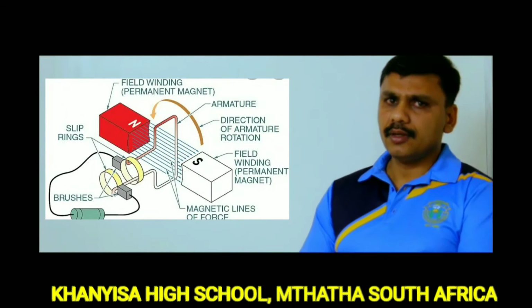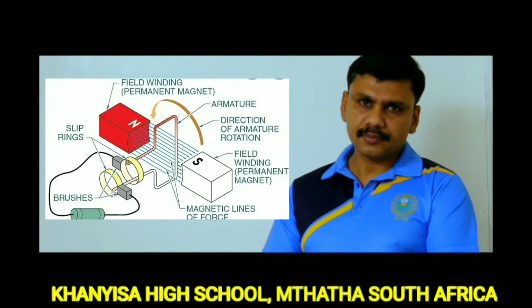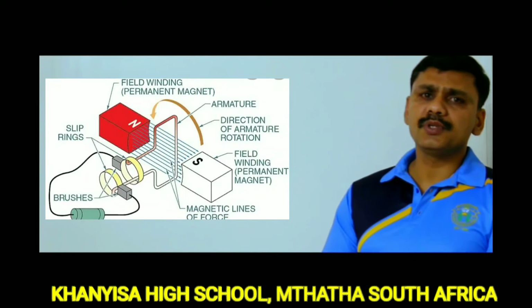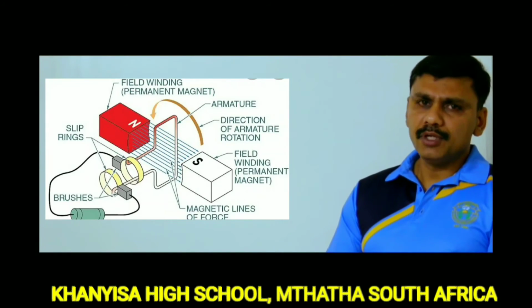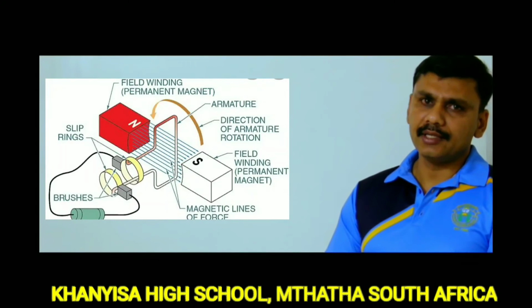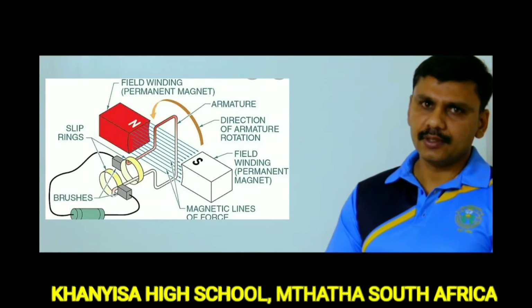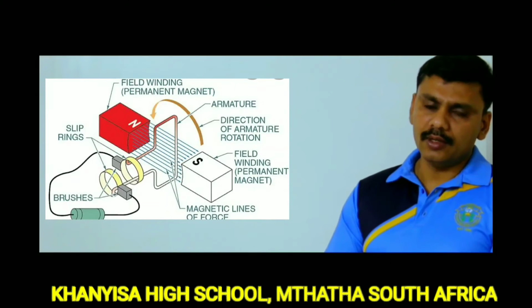So the first part is the magnet. In an AC generator we are using a strong, powerful magnet. Between the magnet we are keeping the coil, and the coil is rotated by some force. So the main components are the magnet and the coil.